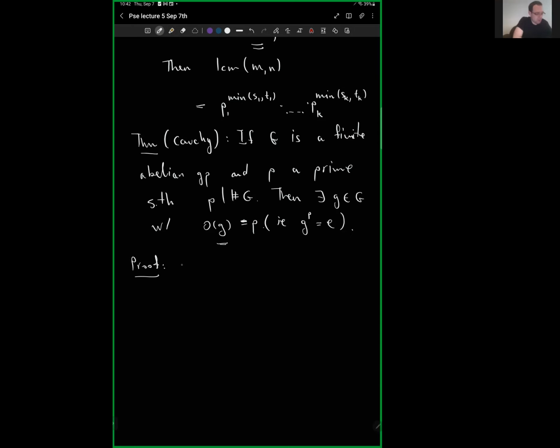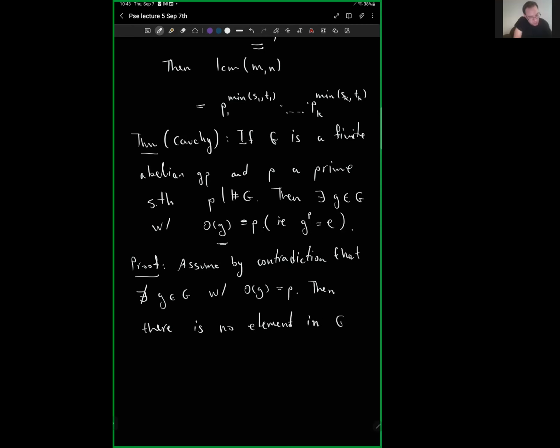Okay, so assume by contradiction that there doesn't exist g in G with order P. If this is true, then there is no element in G of order divisible by P. And why is that?